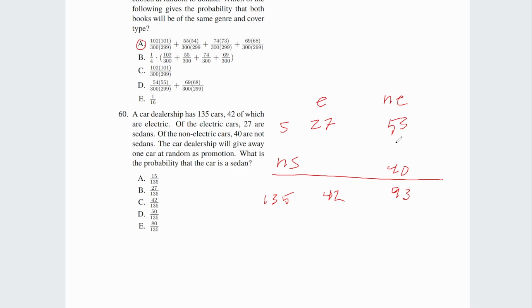And if we have 53 non-electric sedans, we're asking the probability that the car is a sedan out of any of the cars.